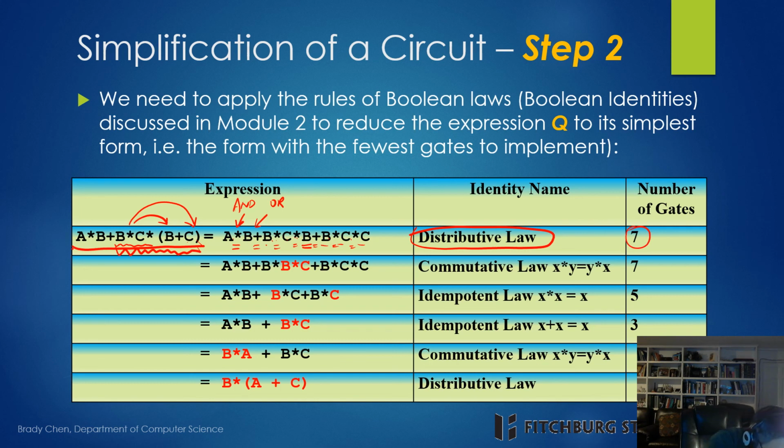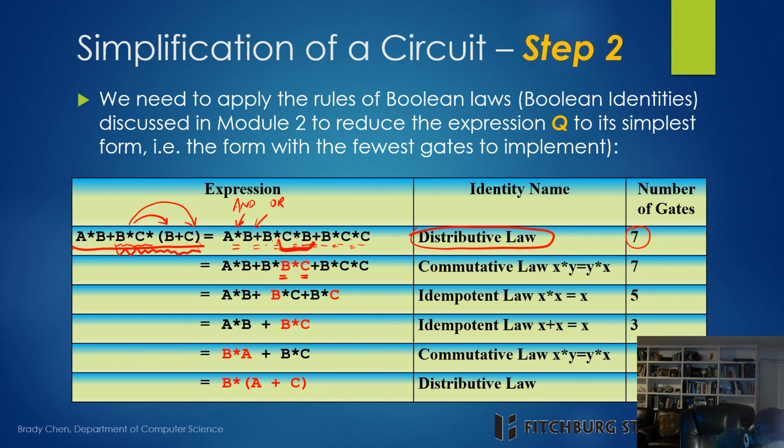Now the next thing we're going to do is look at these Boolean identities and try to simplify even further. Okay, so we switch the order between C and B. So we put the B before C. Now why do we want to do this?